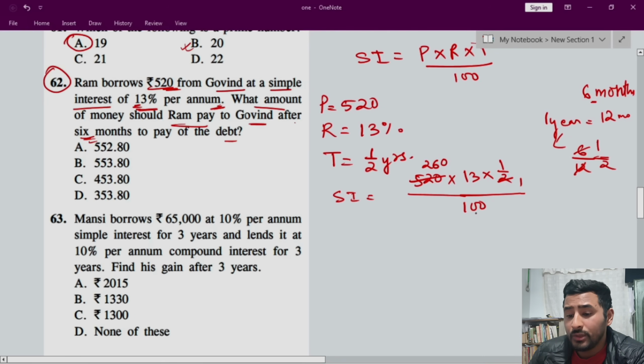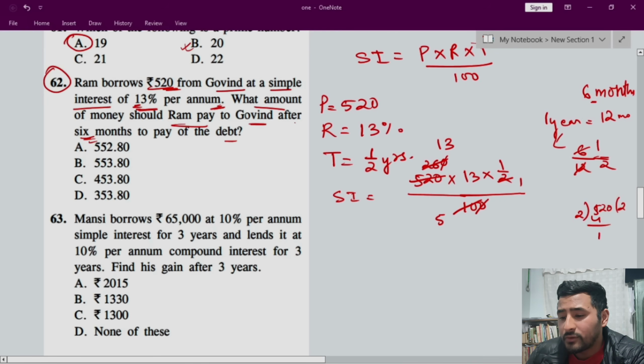The 0 and 0 get cancelled. Let me do it again. If you divide 520 by 2, 2 twos are 4, 4 minus 5 is 1, 2 sixes are 12, 0. This will be 260.